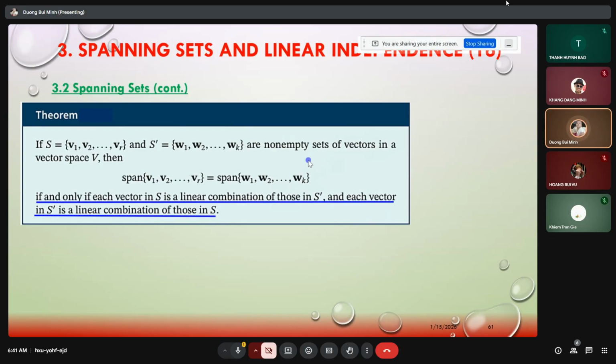Theorem: we have two different subsets. S, we have V1, V2, up to VR, and we have S prime, W1, W2.